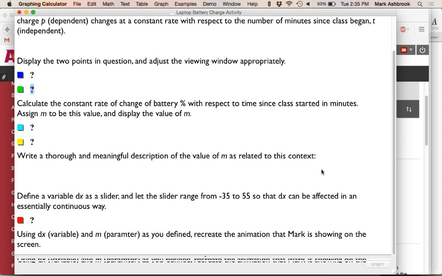It's y2 minus y1 over. We're not doing the battery itself.